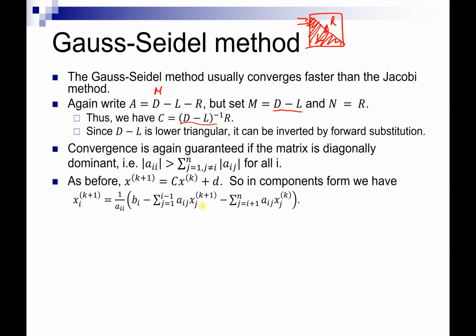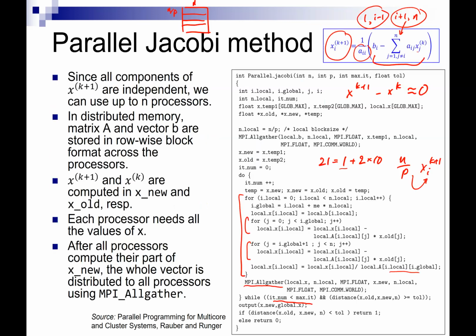The only difference is that in the Jacobi method we broke the sum into two parts: the first part for j from 1 to i minus 1, and the other part from i plus 1 to n. In both parts you multiply by this x of k, which is what you computed in the previous iteration.